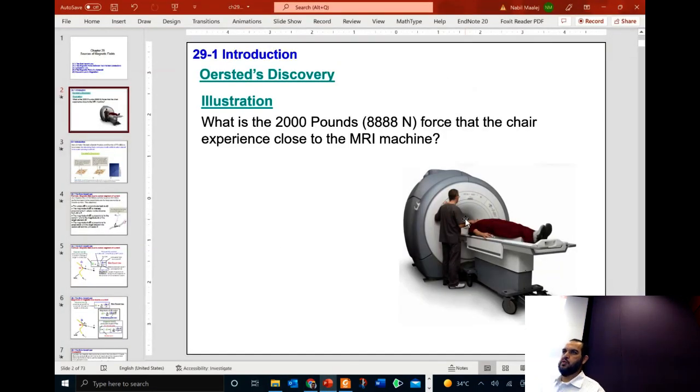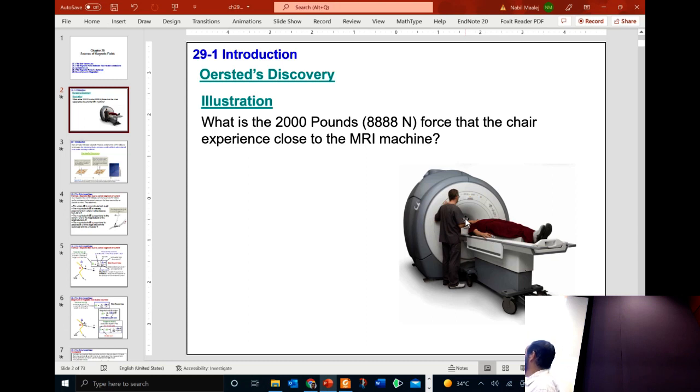If you go to the hospital and they ask you to do an MRI, for example, for a knee injury or anything in the body, this gantry has a magnet with a superconducting wire that conducts high current and generates a very strong magnetic field. This magnetic field is about 3 Tesla in some machines, and it can reach up to 7 Tesla. And it is used for imaging the anatomy of the person.